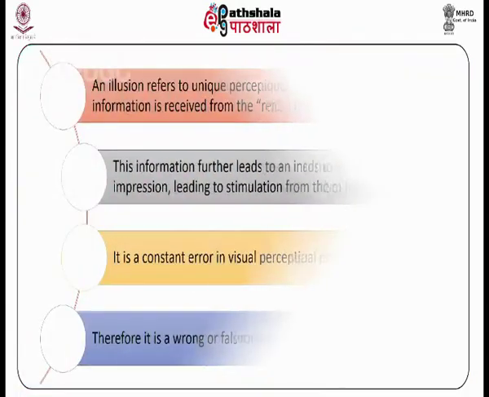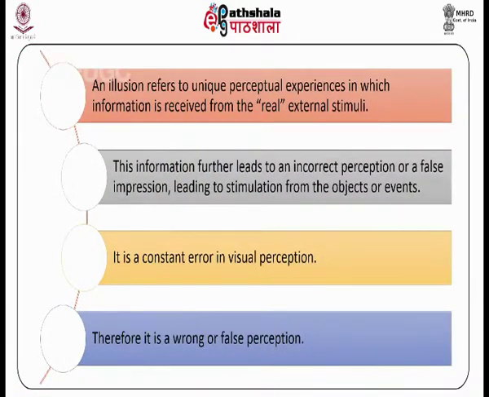Let us now try and understand illusions with their types and also discuss the role of subliminal perception in this module. Illusions. An illusion refers to unique perceptual experiences in which information is received from the real external stimuli.